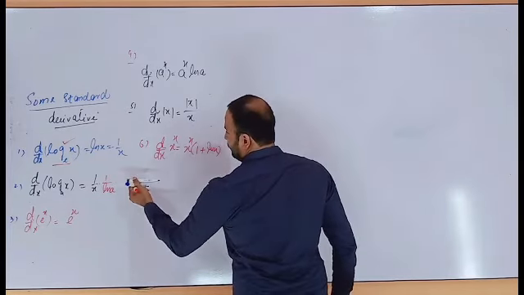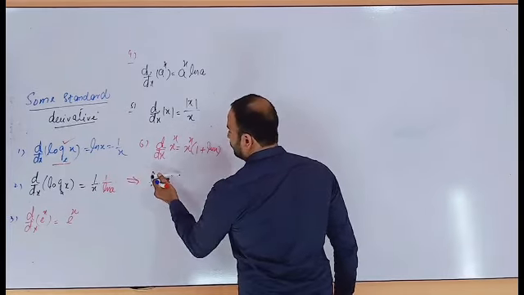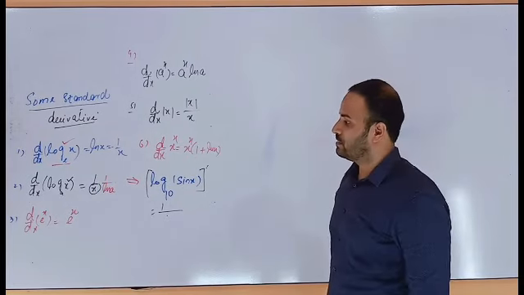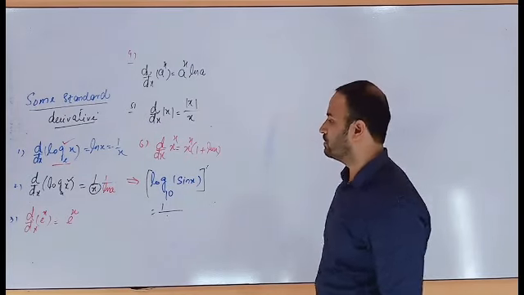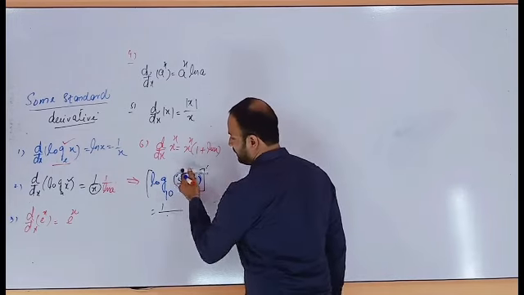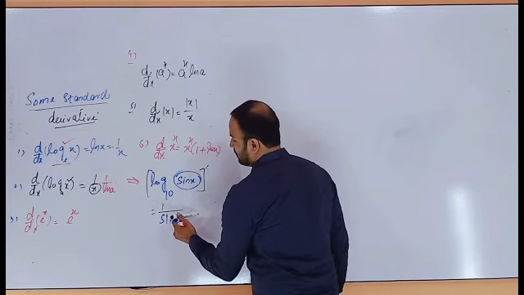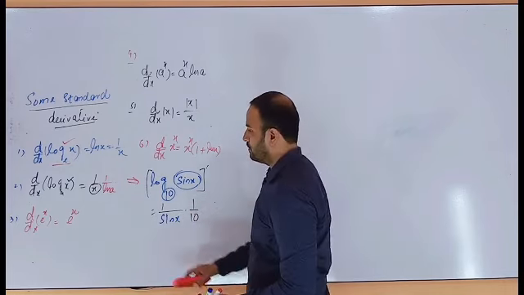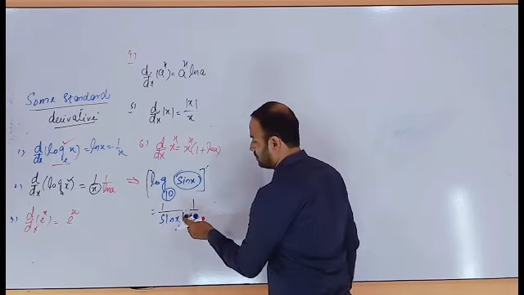okay, we have a function log base 10 and that is sin x. So what is the derivative of this type of function? 1 over x means what is the function inside the log? That is x. So here it is sin x, so 1 over sin x. What is the base here? So 1 by log 10.